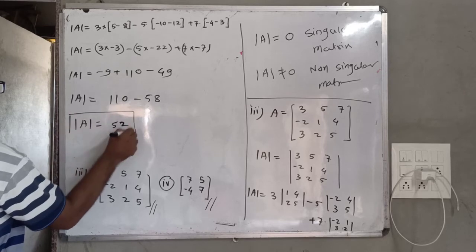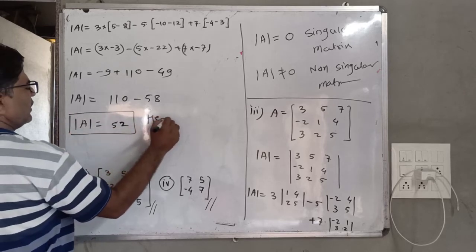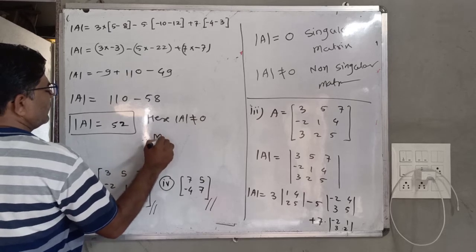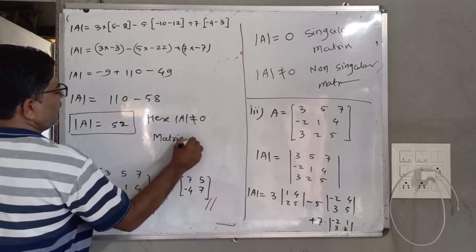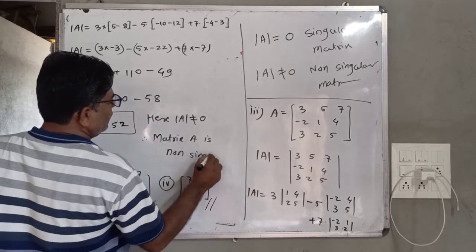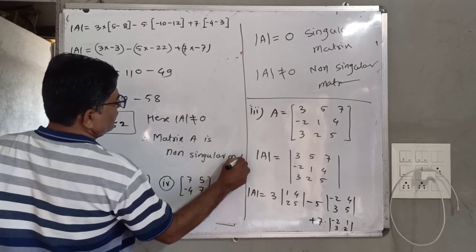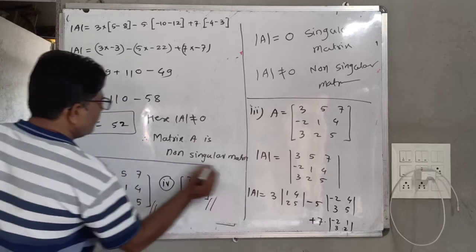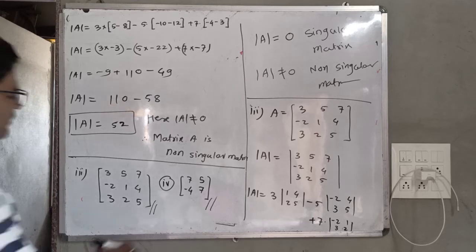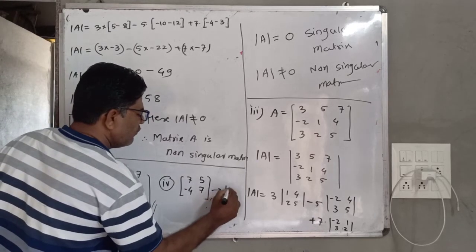Here the determinant of A is not equal to 0, therefore matrix A is a non-singular matrix. Matrix A is what? Non-singular matrix. Then this is for your homework.